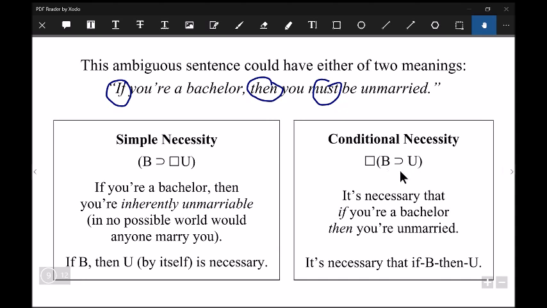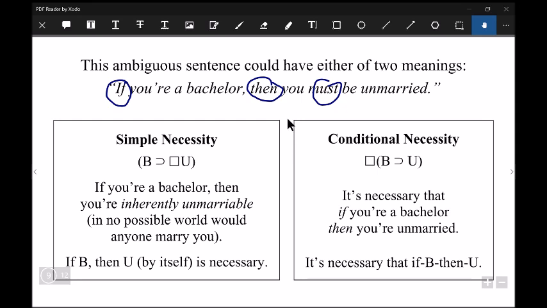Okay, so which does the English mean? Well, it could go either way. It's not exactly clear. Usually, what it means is the conditional necessity, which is the less outrageous version. But sometimes it could mean the simple necessity.